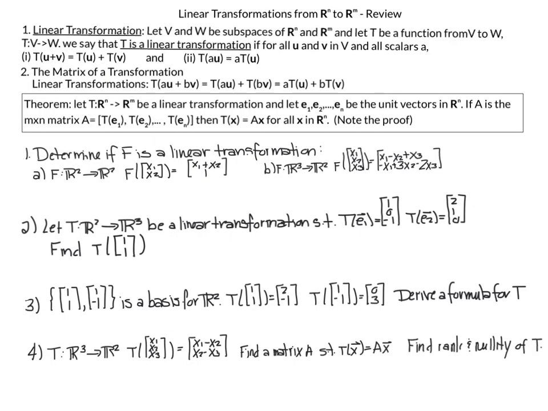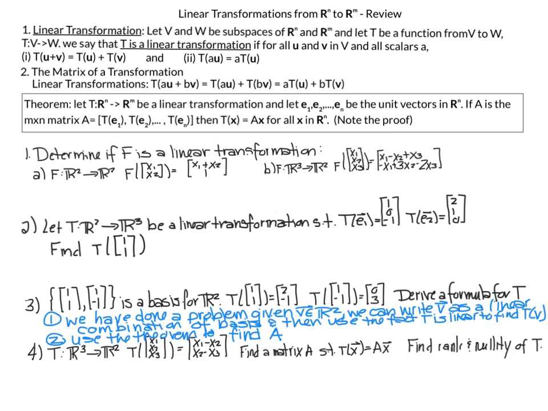For review, I have these 4 problems for you to try, so you can pause the video, give them a try, and on the next slides, I have solutions for you. Actually, on the very next slide, I have a few comments on problem number 3 if you get stuck and you want a few hints.